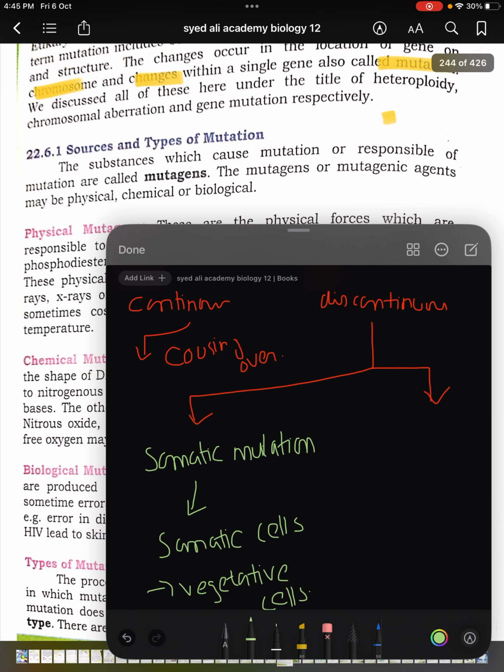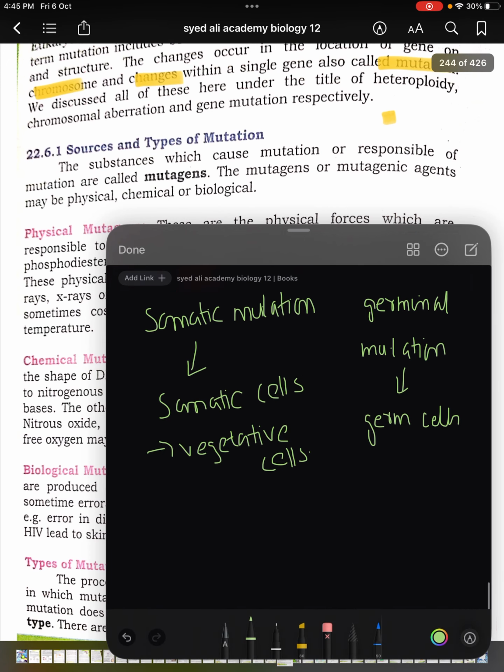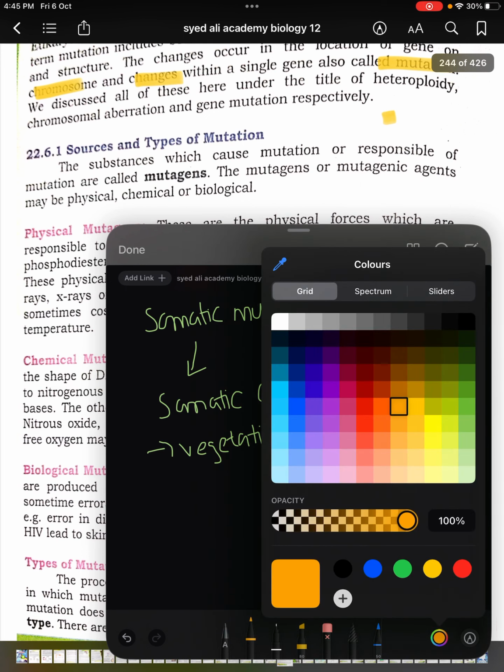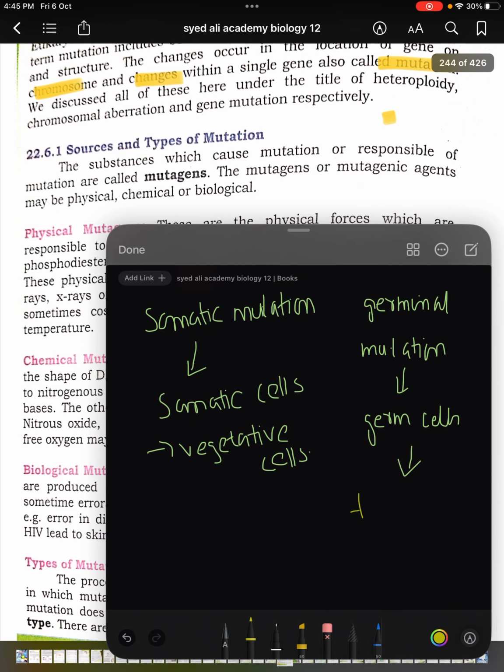Then we have germinal mutation, which basically occurs in germ cells. So this is heritable. This is germinal mutation. But somatic mutation is non-heritable.